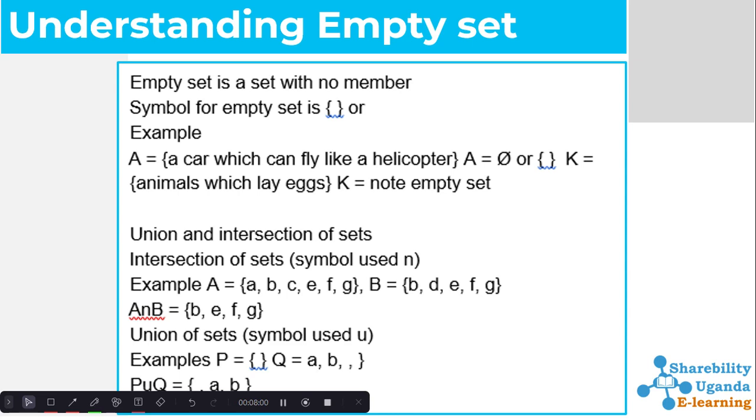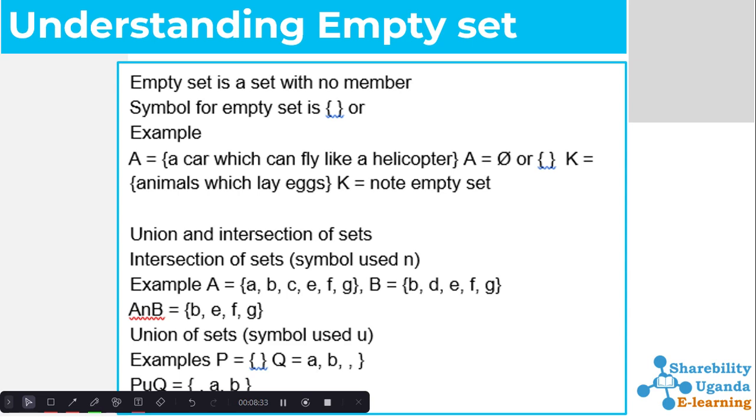Okay, also let's look at another example, which is the union and the intersection of sets. We have so far looked at union and intersection of sets. This is just a recap, because from our recent lessons we were able to handle this and we exploited this more. So here we are just making a revision, because we talked about union of sets and intersection of sets.